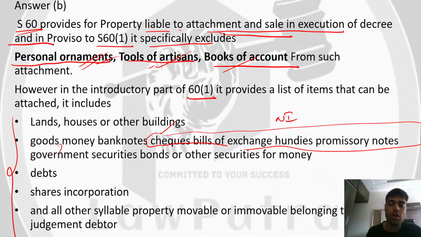Government securities can also be taken by the court, which can confiscate and then sell them. Shares in corporation can also be confiscated by the court and sold. Or any other saleable property, movable or immovable, belonging to the judgment debtor, which the court can sell.